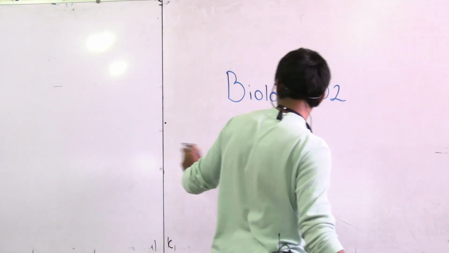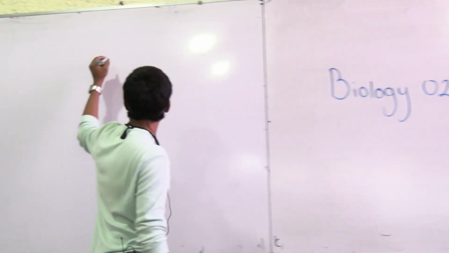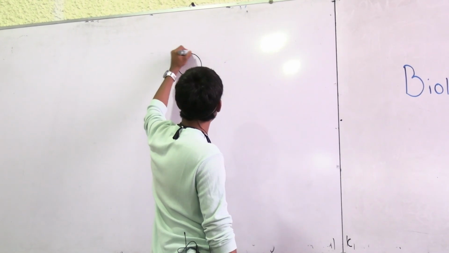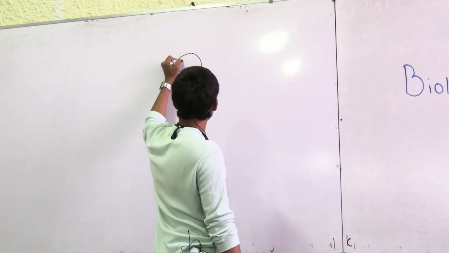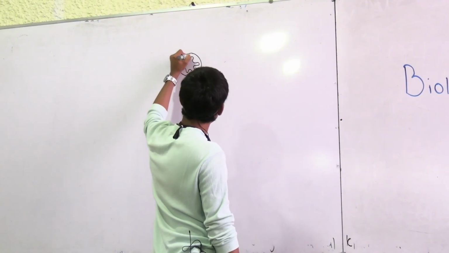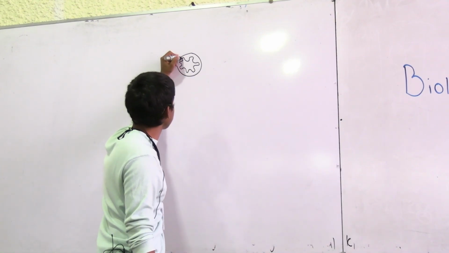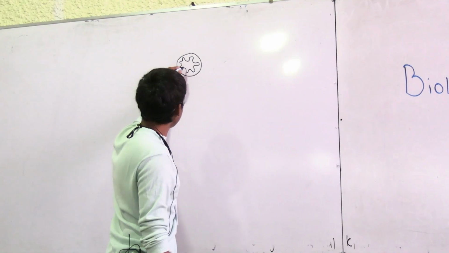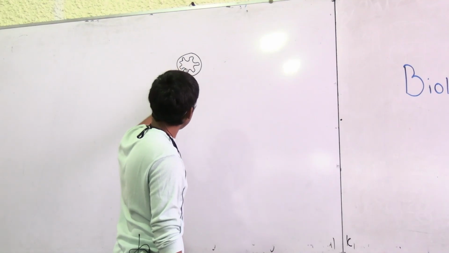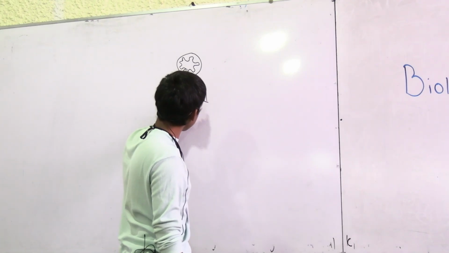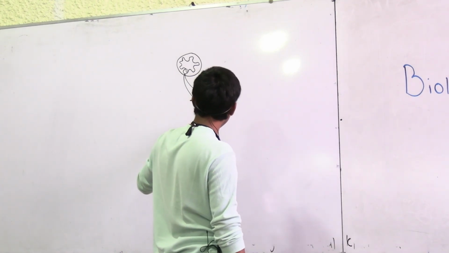let's say this is a cross section of a small intestine. There are permanent circular foldings present. If we enlarge this, you get something like this.